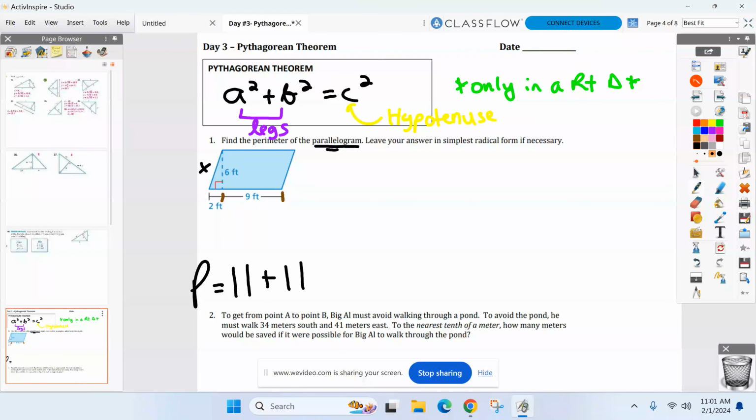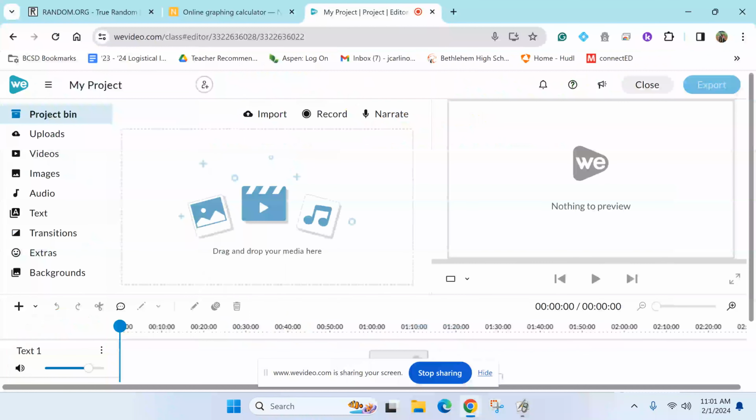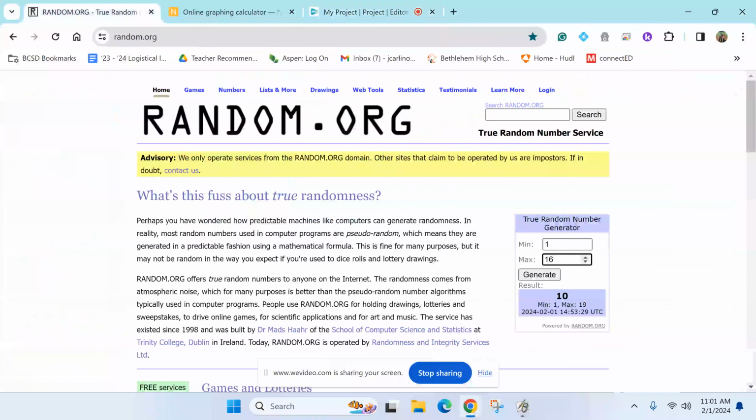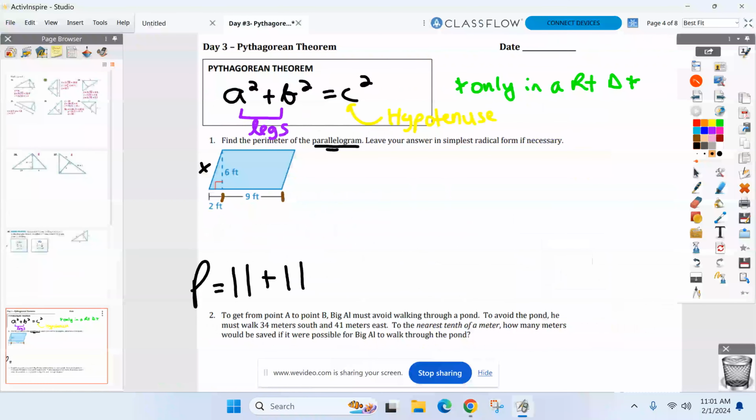All right, turn it over to you guys. Can one of you set up Pythag for me? Gabby, go ahead. 2 squared plus 6 squared equals c squared. Excellent, you got it. Simplest radical form, please.